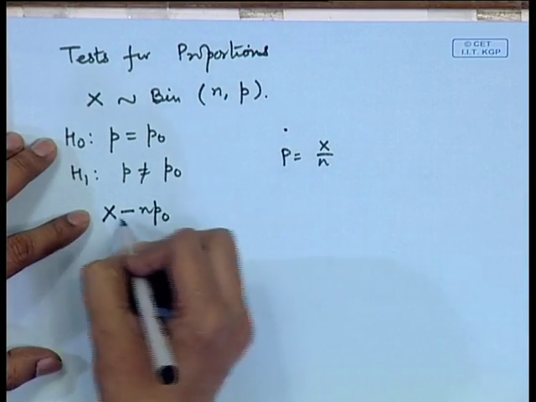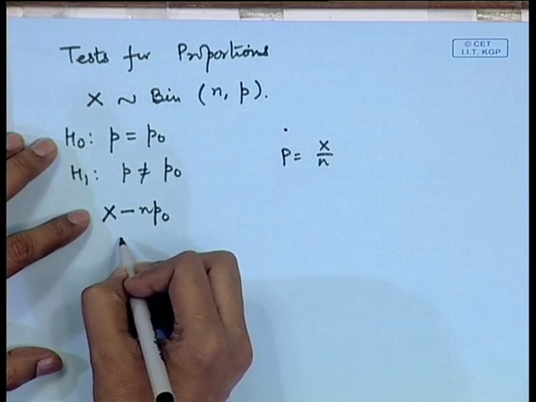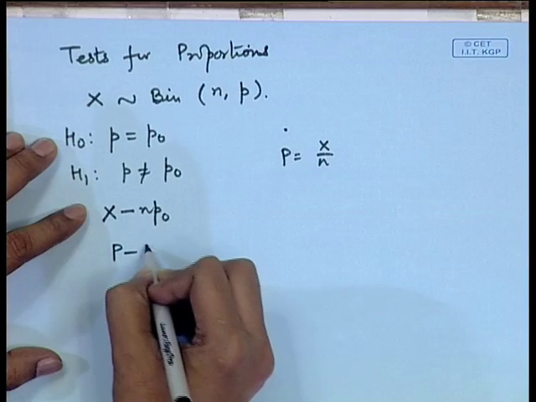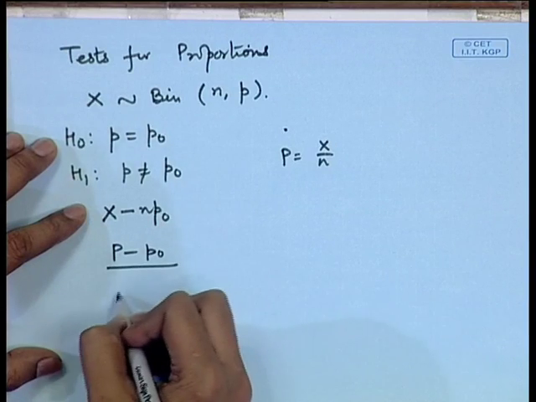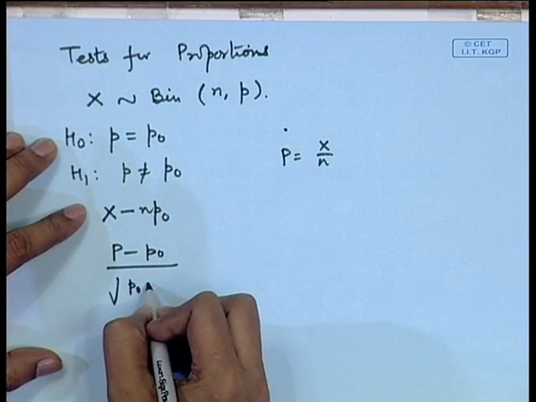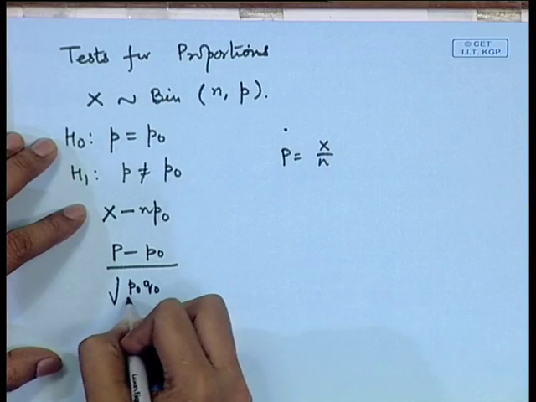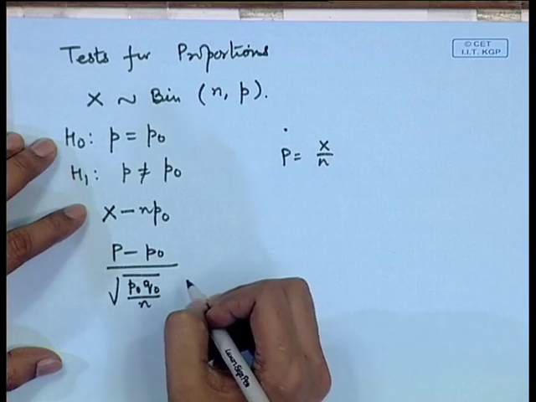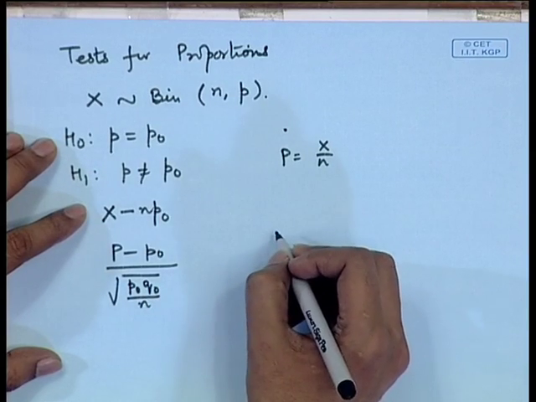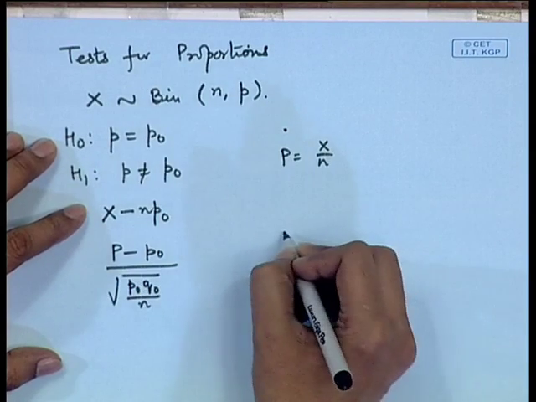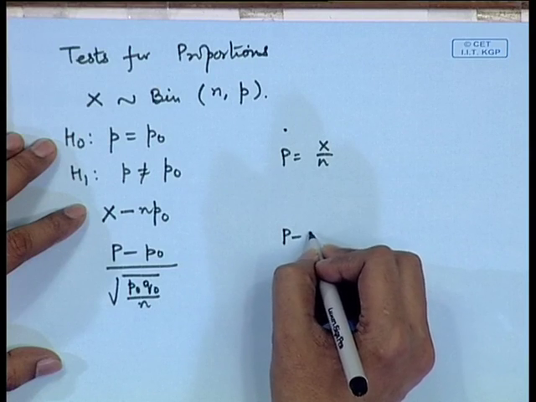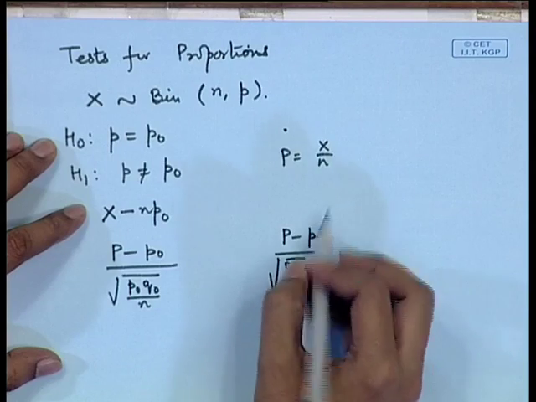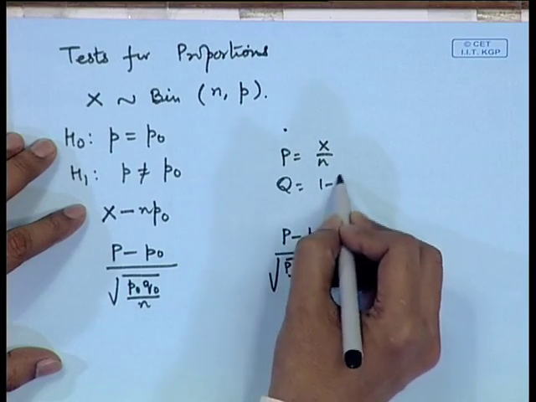So, if we consider the value here to be p hat minus p naught divided by root p naught q naught divided by n, then we can use it as a test. On the other hand, one may use here the estimates also: p hat minus p naught divided by root p hat q hat by n, where p hat is this, q hat is 1 minus p hat.